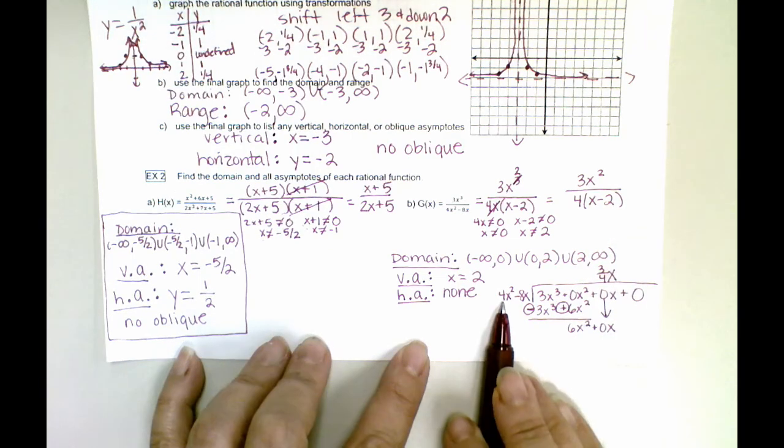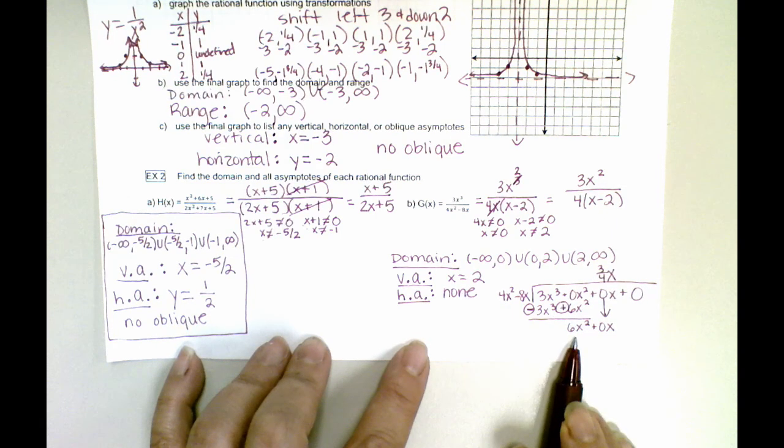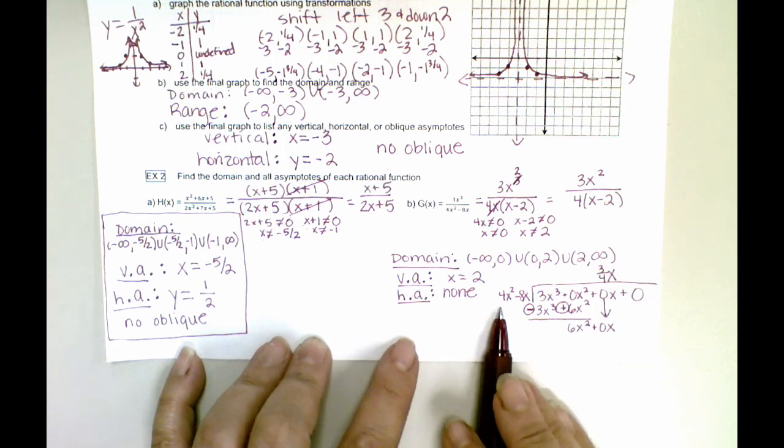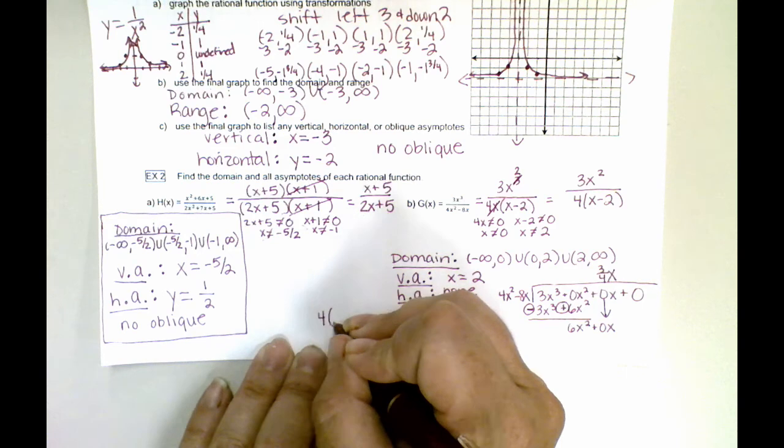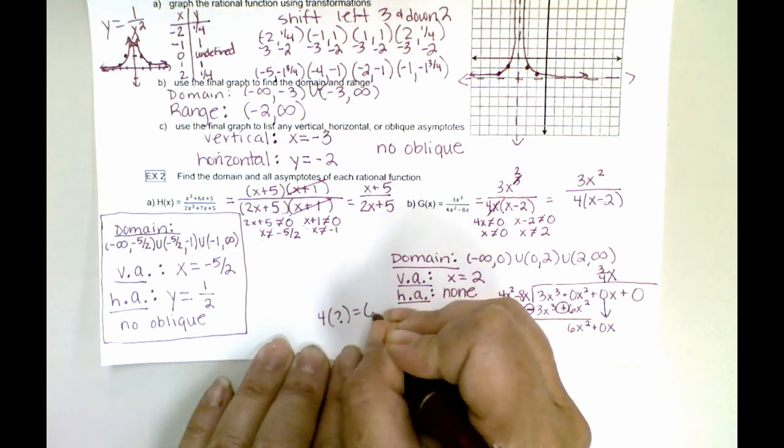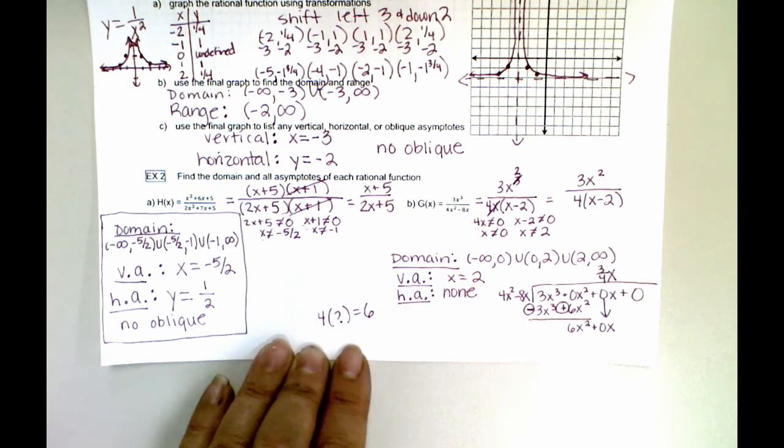So then I ask myself, what do I multiply 4x squared by to get 6x squared? So what do I need to multiply to get from 4 to 6? Again, if you don't know 4 times what equals 6, then write it out like this.